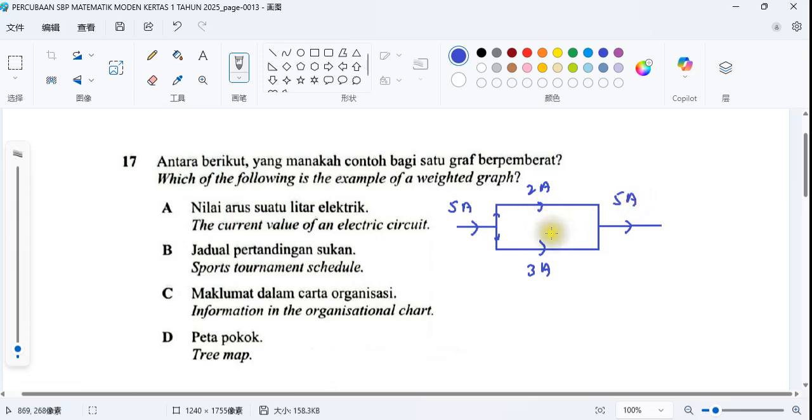So weighted. Sport tournament schedule, information in the organization chart, trail map, all of these are not weighted. Okay, so something like this.